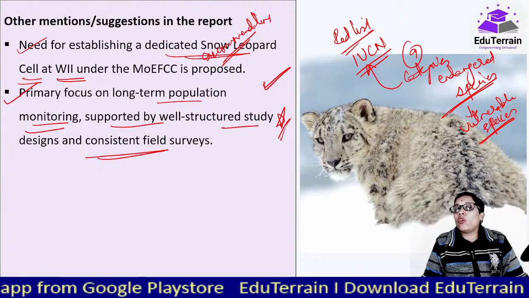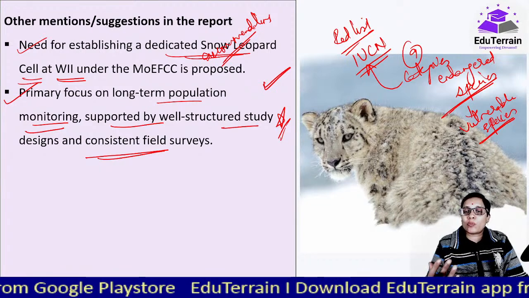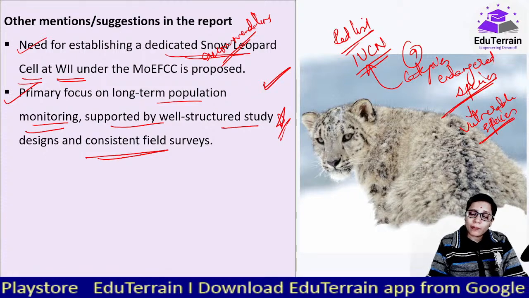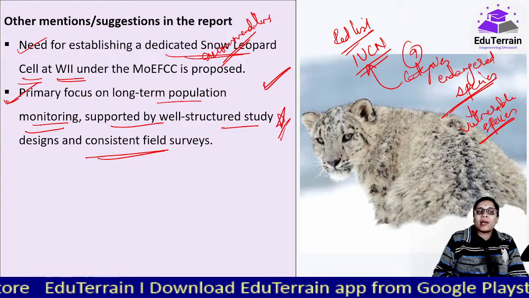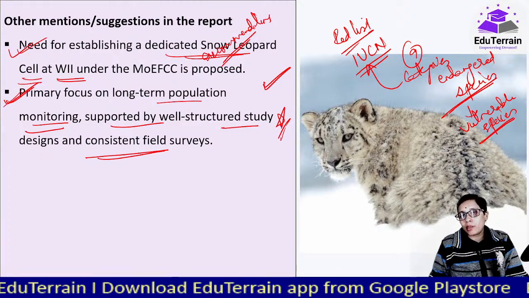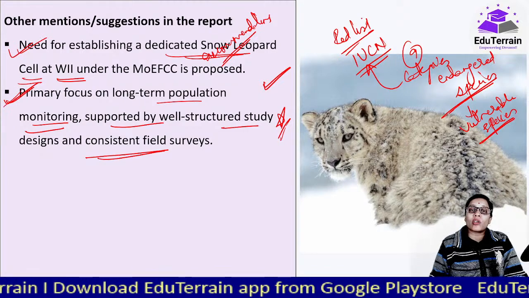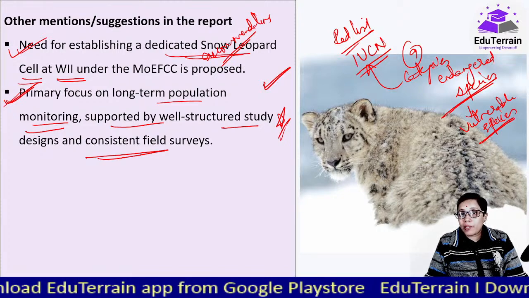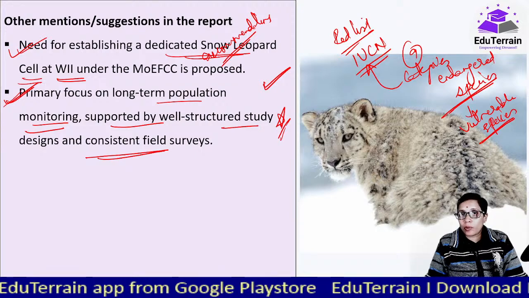Only a very handful of countries are there where you can spot these snow leopards, so you can understand their importance. So accordingly, the primary focus is we have to monitor their population, how they are growing, what the problems are, or because of climate change, a lot of problems are being created.